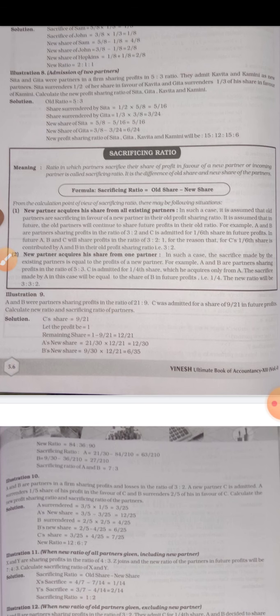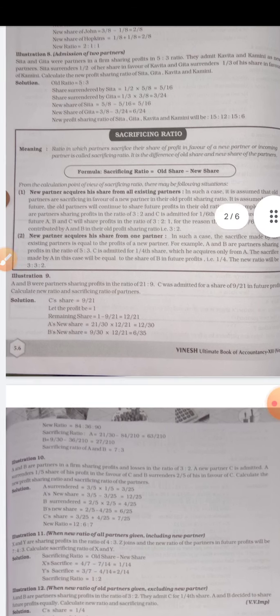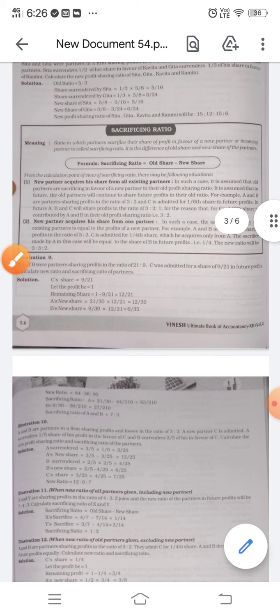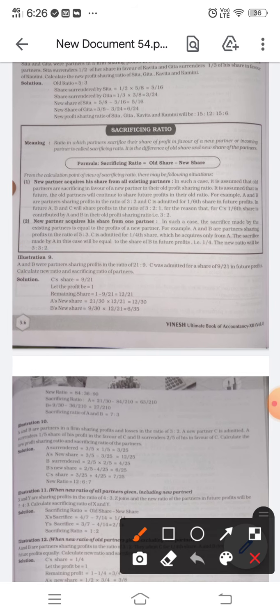A and B were the partners sharing the profit. That is 21:9 is the old profit sharing ratio. Okay. Next, C was admitted for a share of 9 by 21 in future profit.